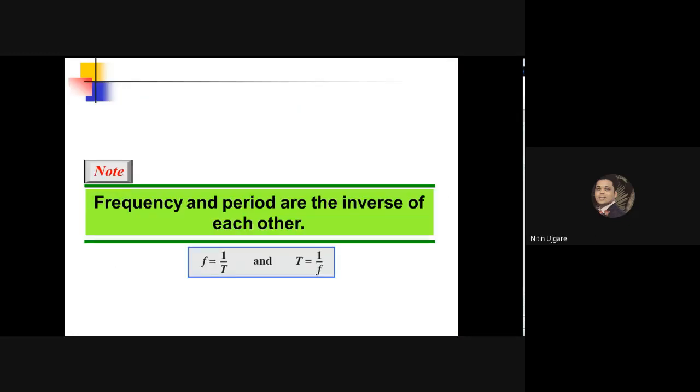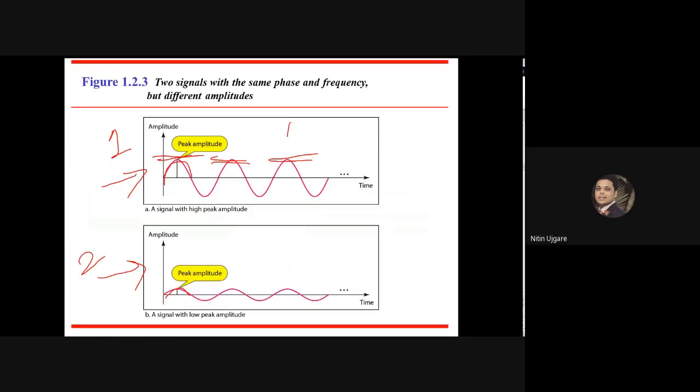Okay, so let's go to the next parameter of representing a sine wave. The next parameter is frequency. We have seen amplitude. A period refers to the amount of time in seconds a signal needs to complete one cycle. I will repeat it: the amount of time that a signal takes in seconds to complete one cycle.